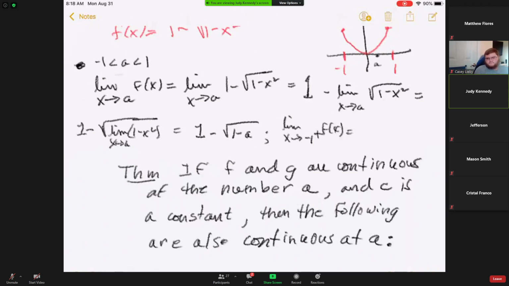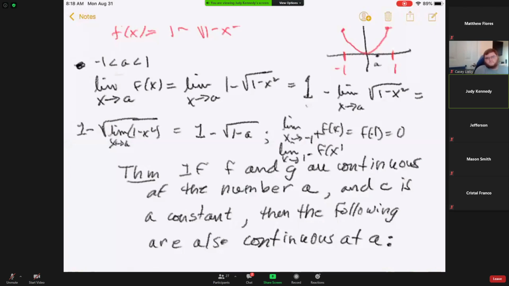Even though it's a limit from the right, I can change it to f of x there, the function, and then here, change it to 1 minus the limit, and then take the limit inside the square root, even though it's only from one side. Okay, and that's f of -1, which is 0.